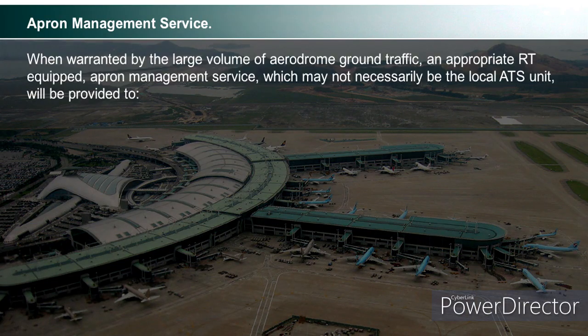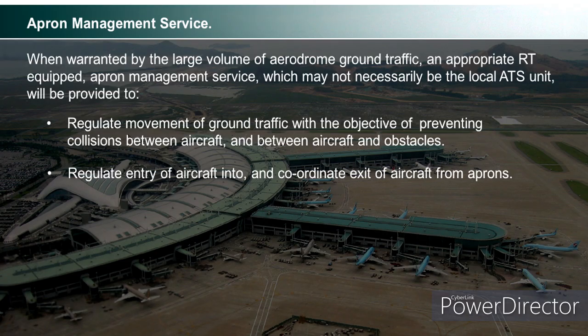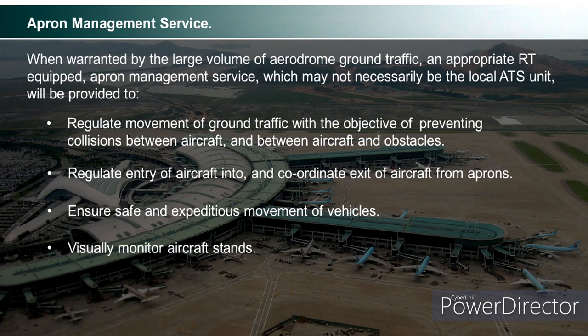When warranted by the large volume of aerodrome ground traffic, an appropriate RT-equipped apron management service, which may not necessarily be the local air traffic service unit, will be provided to regulate movement of ground traffic with the objective of preventing collisions between aircraft and between aircraft and obstacles, regulate entry of aircraft into and coordinate exit of aircraft from aprons, ensure safe and expeditious movement of vehicles, visually monitor aircraft stands, and regulate all other activities.